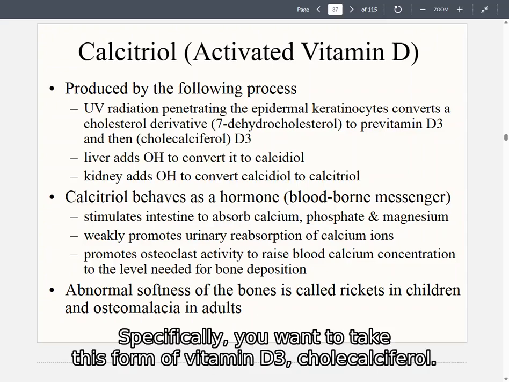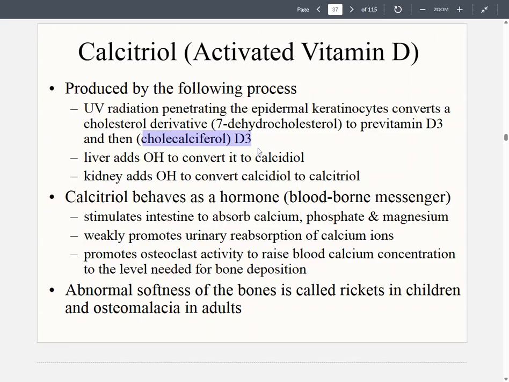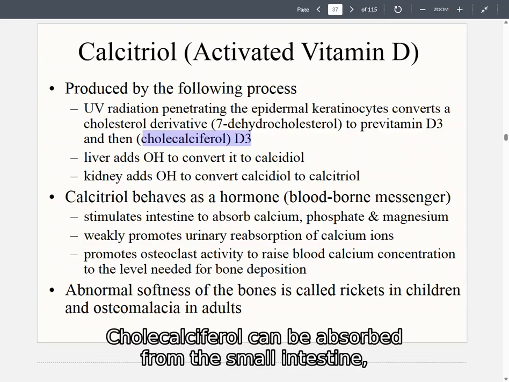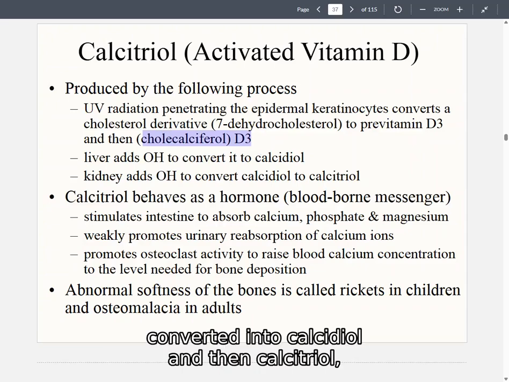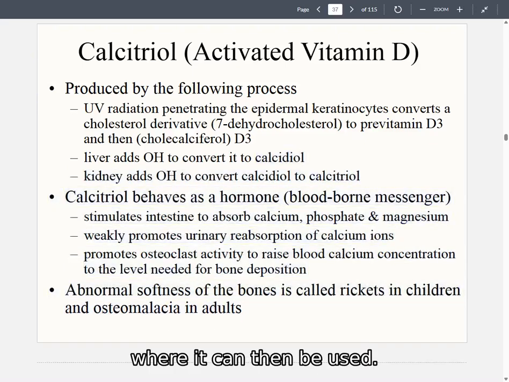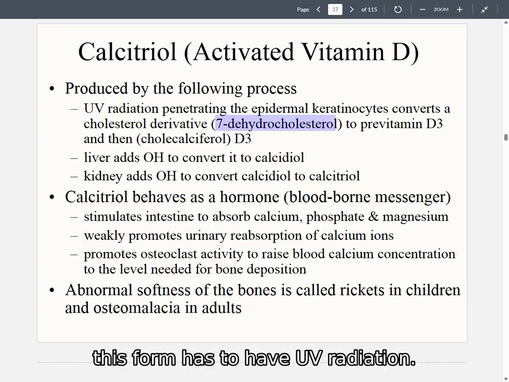Specifically, you want to take this form of vitamin D3, cholecalciferol. Cholecalciferol can be absorbed from the small intestine, converted into calcidiol, and then calcitriol, where it can then be used. If I take this other form, it has to have UV radiation.